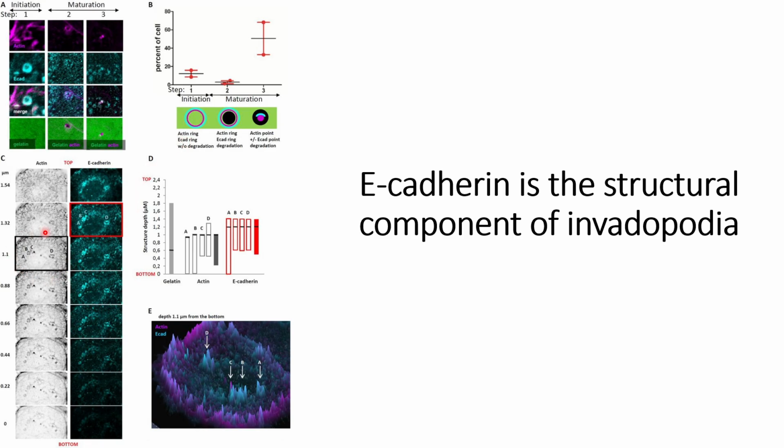In some of the images, shown in panel E, they are able to see that the actin ring formation and the E-cadherin ring formation are not in the same panel.